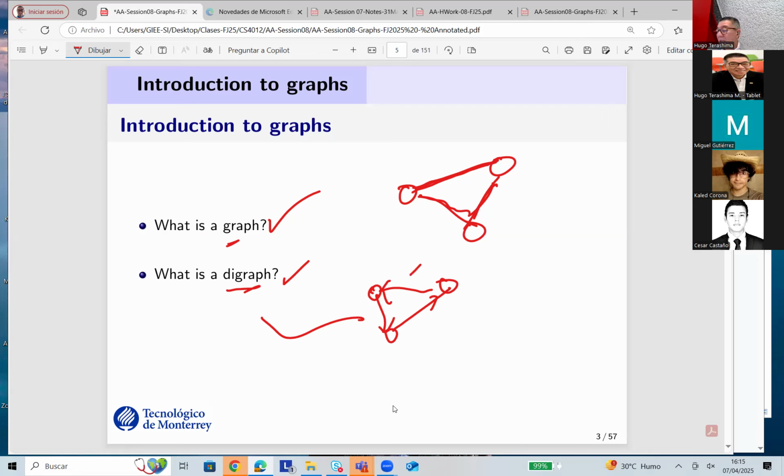They connect this node with this node in this way, but not necessarily the other way around. In a graph, it doesn't matter. I can connect this to this one, or this to this one, and that is okay. So that is what is called an undirected graph. A digraph uses direction in the edges, right?